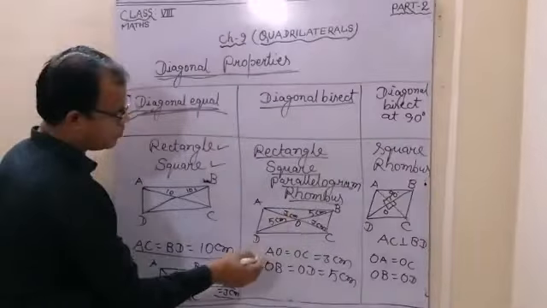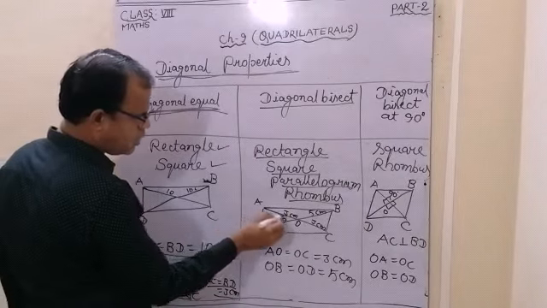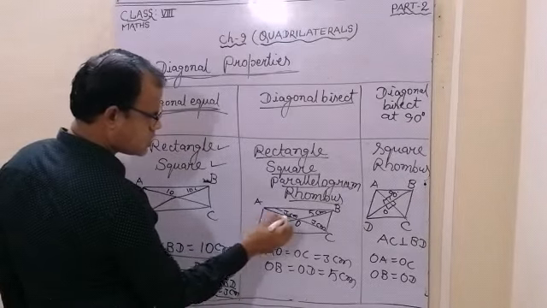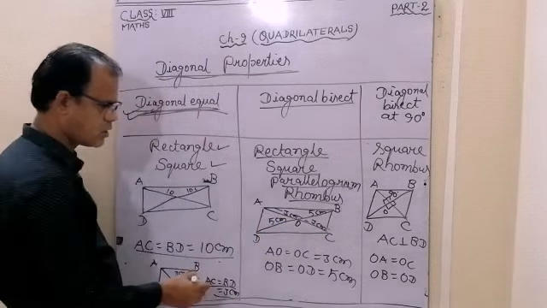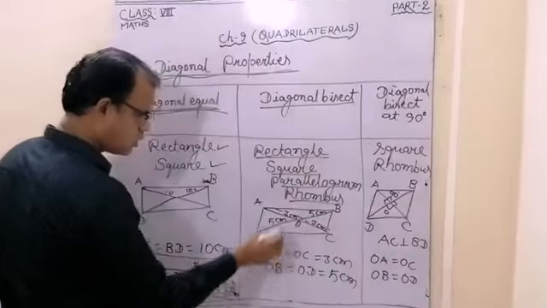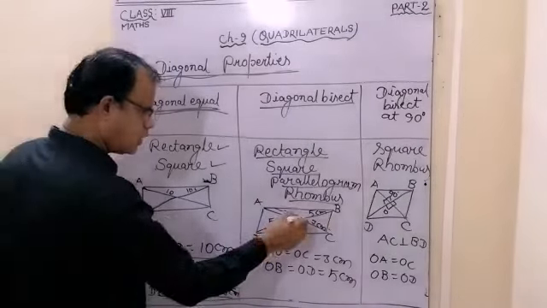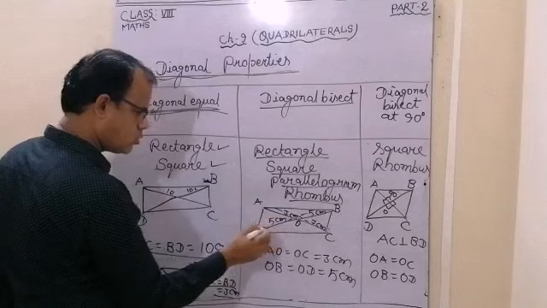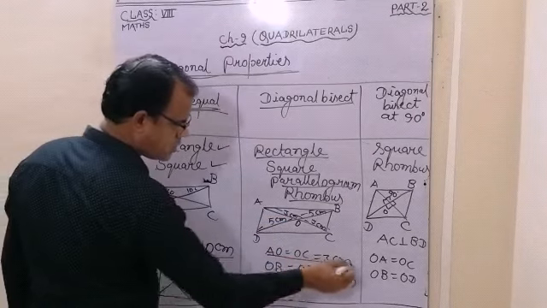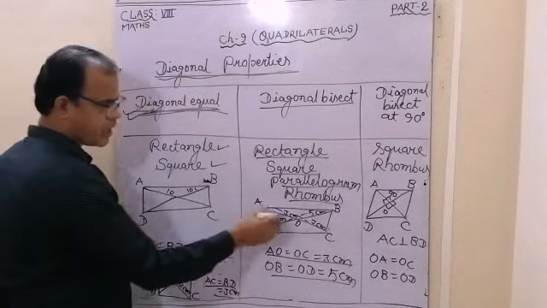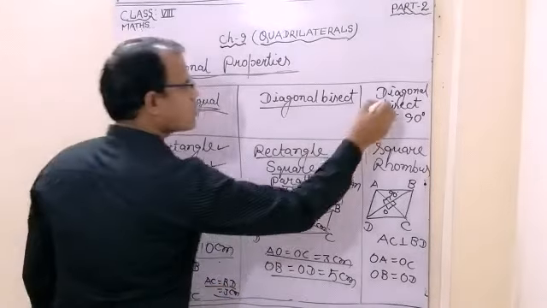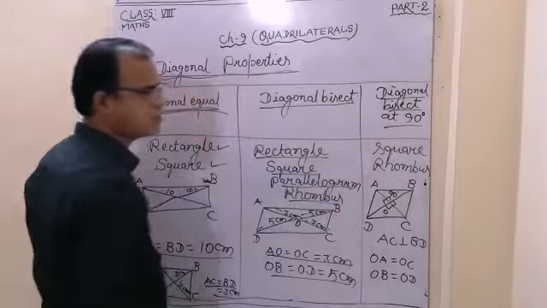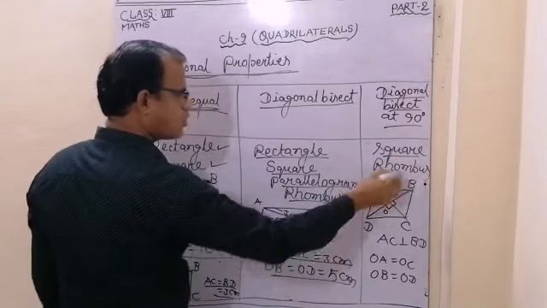So in a parallelogram AO equals OC, and OB is 5 centimeters, then OD is also 5 centimeters. So it means that diagonals bisect each other. Clear? Next, diagonals bisect at 90 degrees in a square and rhombus.